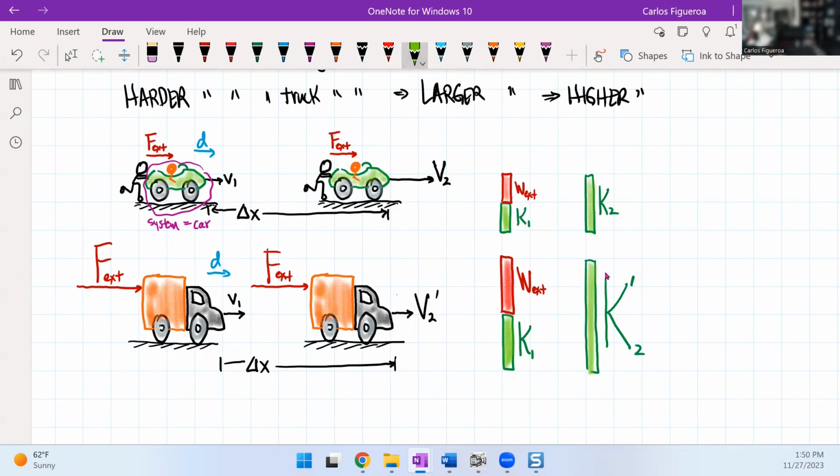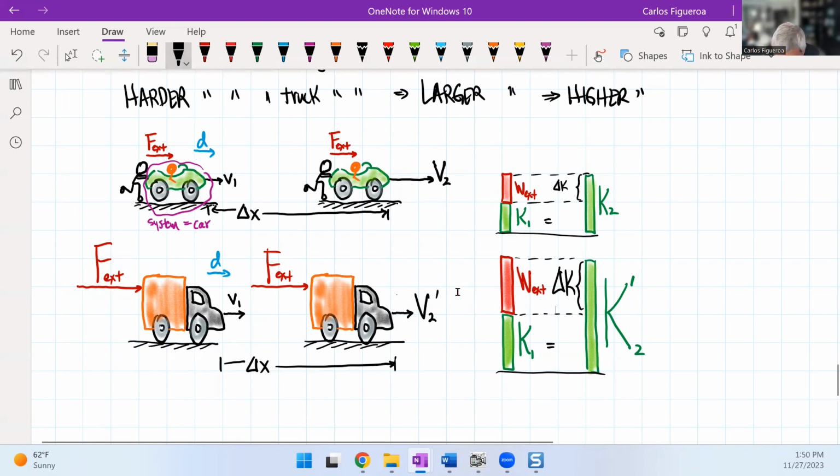And the reason why there's a higher kinetic energy is because there was more work. This has a smaller change in kinetic energy and requires less work. This has a higher kinetic energy and it requires more work.